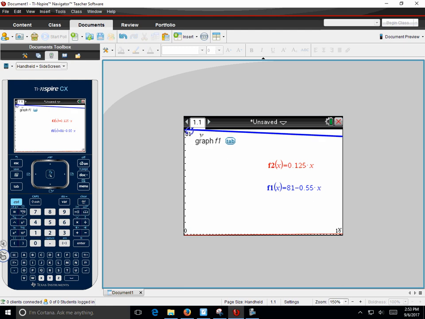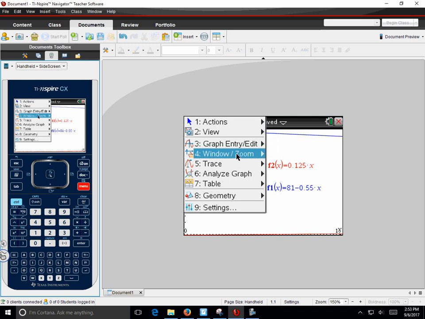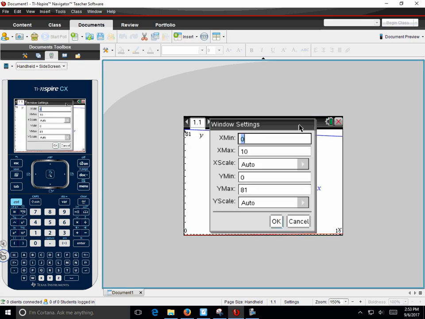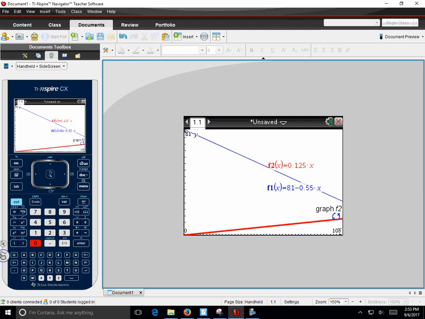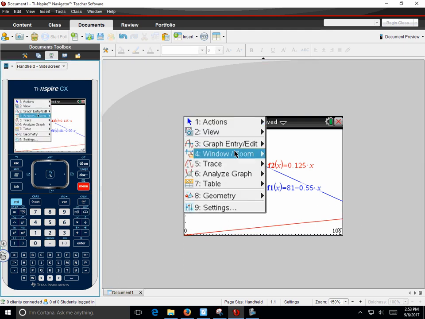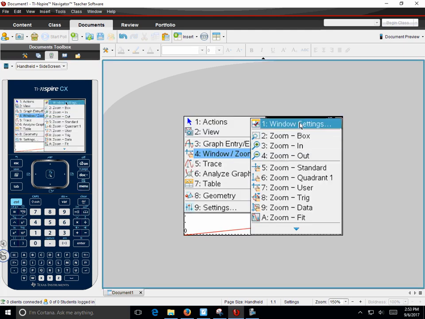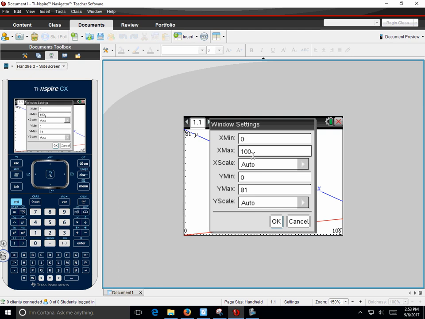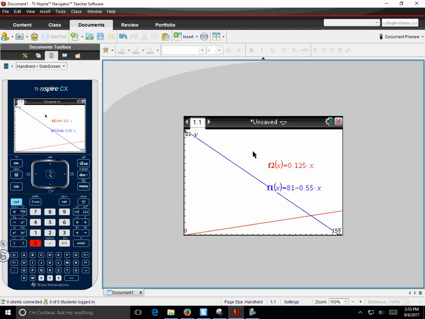I can see that eventually they're going to intersect, so I need to increase the X. I change my window settings and let's say I do 100 for my X. I'm getting closer, but not close enough, so I keep playing with this. Let's say I do 150.